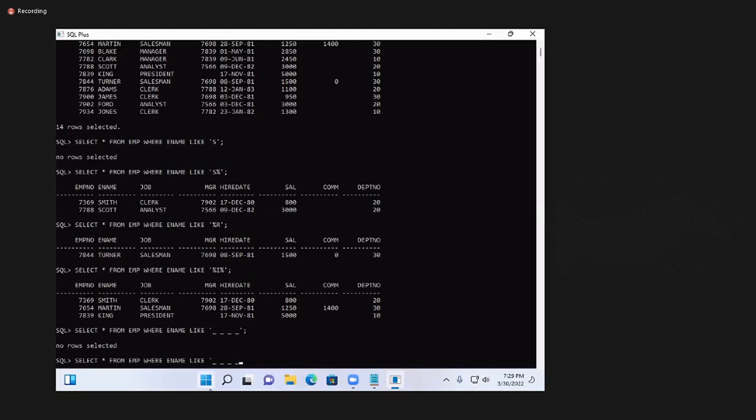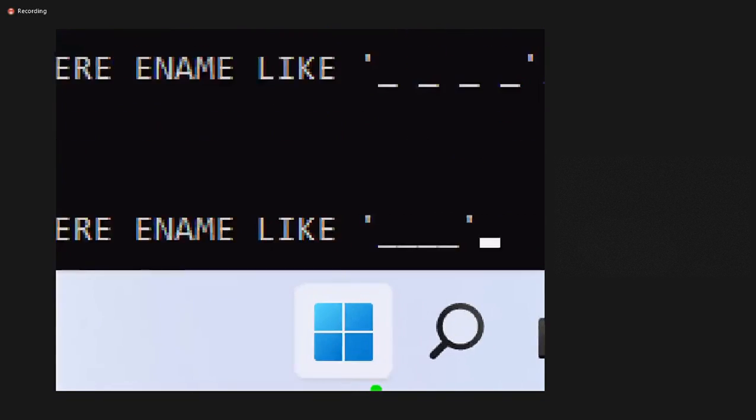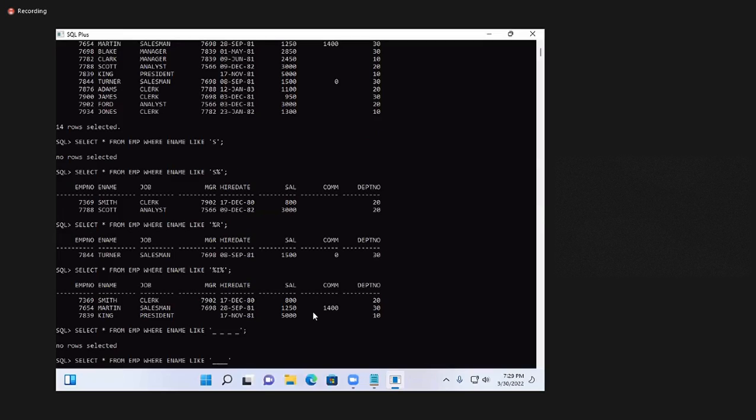So now how do I want to write here? Underscore, second, third, and fourth. Now we can see carefully. The 4 underscores are here, yes or no? The 4 underscores are there. And finally, I just come back and see.